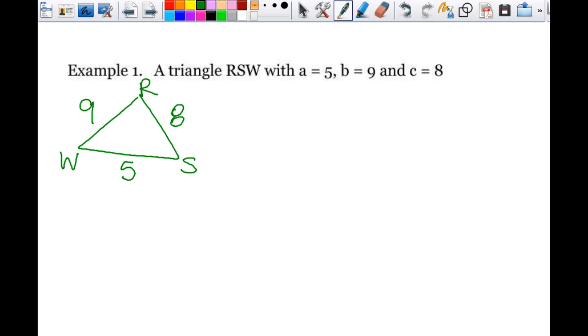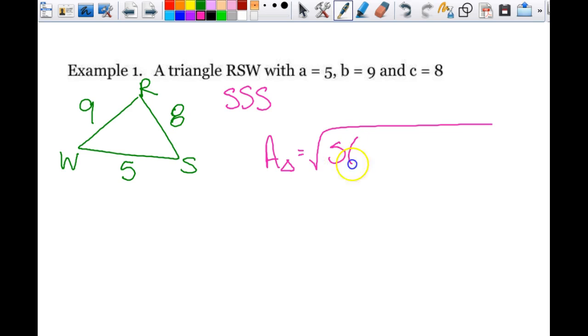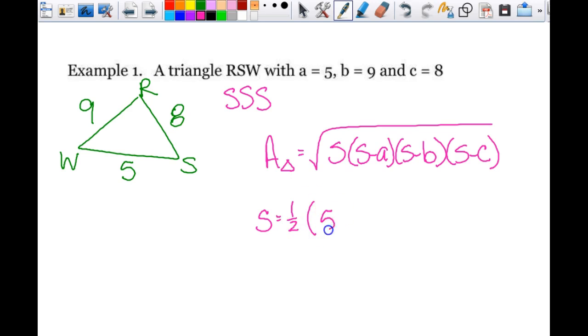All right, but this is the side, side, side situation, right? So if it's all three sides, that's the one that uses the semi-perimeter. Right? So my area of my triangle is equal to the big old square root of s times s minus a times s minus b times s minus c. So I have to find s. S is equal to 1/2 of 5 plus 8 plus 9.